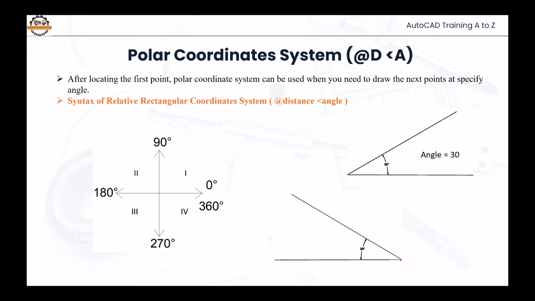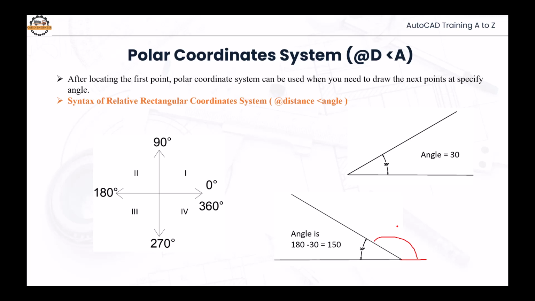If we complete this angle, the total is 180 degrees, so we can calculate this angle. The angle is 180 minus 30, so the total angle is 150. If you want to draw this line, we have to draw it at a 150-degree angle slope, then only we can draw it exactly. So this is how we have to keep this coordinate in our mind and we can create anything in the software.